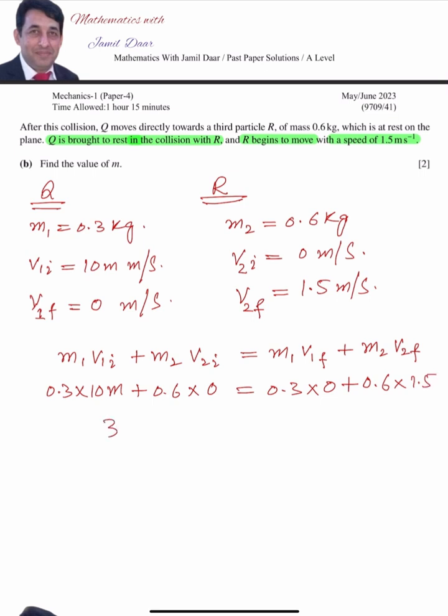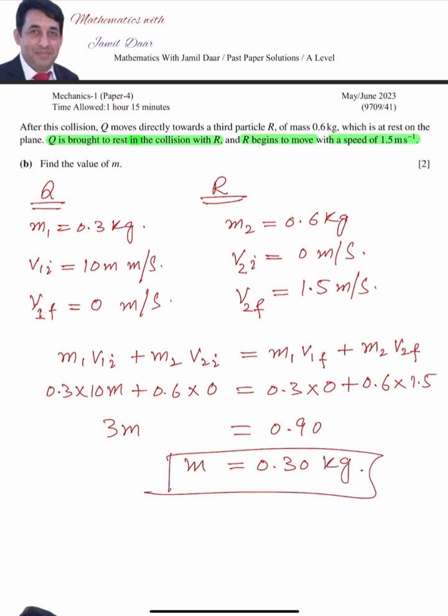This will become 3m plus 0 is equal to 0.90, and m is equal to 0.30 kg. So you got the mass which you were supposed to find out, that is 0.30 kg.